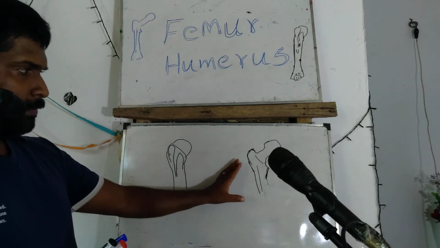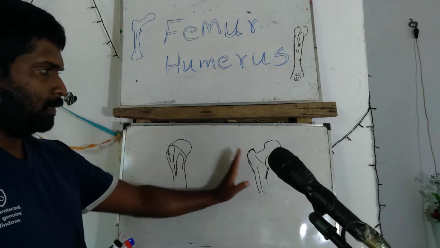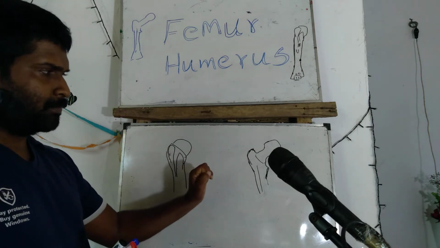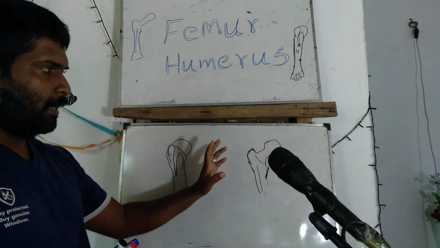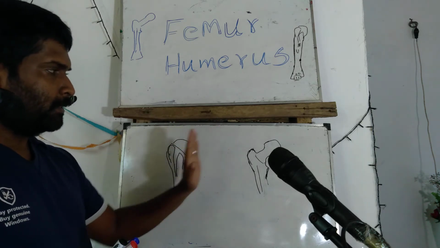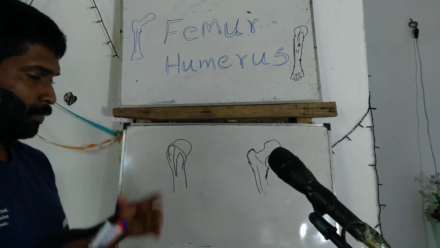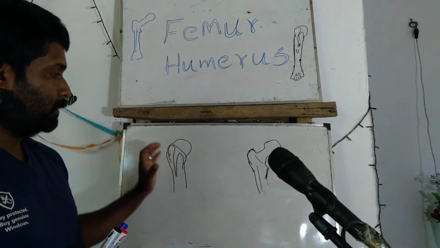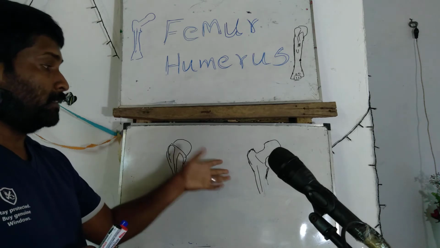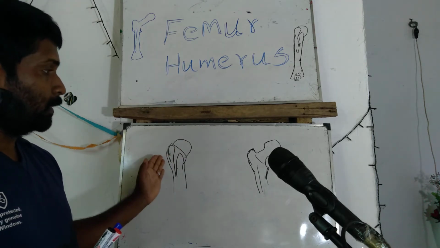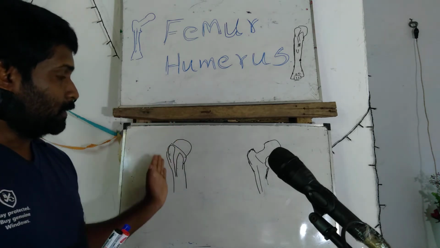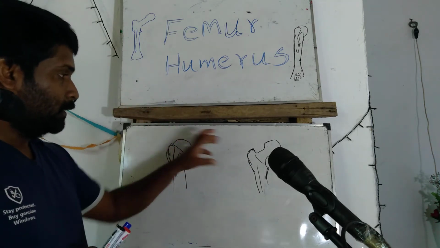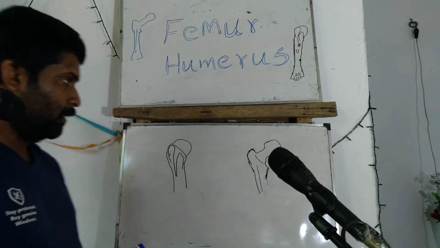Why are we talking about this? By comparing these two heads, we get a proper idea and image. Sometimes it is confusing. This is the trochanter, this is the tubercle, and sometimes the names change.